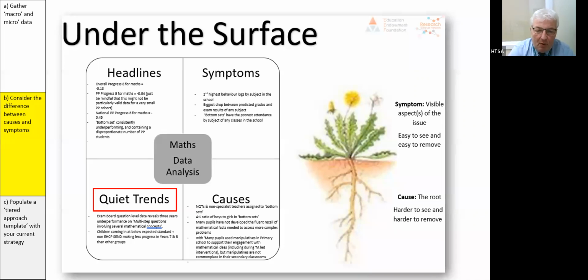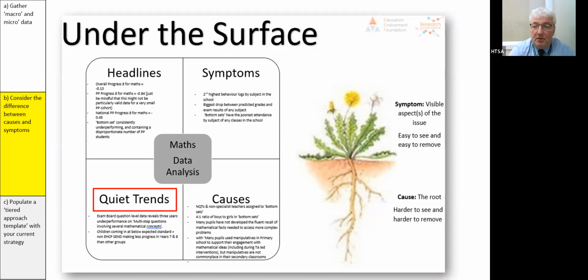When we look at, more importantly, and I've highlighted it here, what are the quiet trends in data? We can see that gradually over the years there's been a change in the ability to do multi-step questions, and the children have been coming into school with below expected standards.